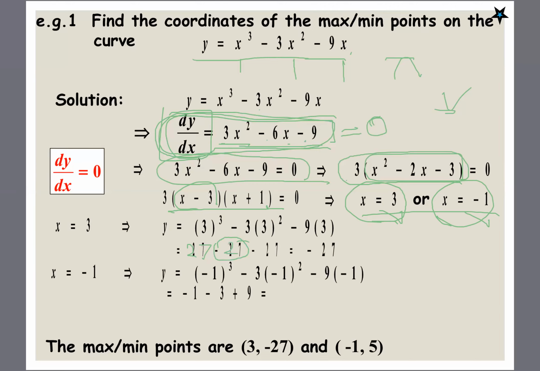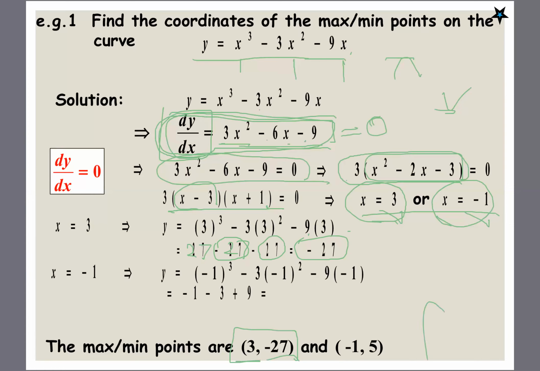And next, 9 multiplied by 3, again minus 27. Simplifying, we get minus 27. So when x equal to 3, y equal to minus 27, right?